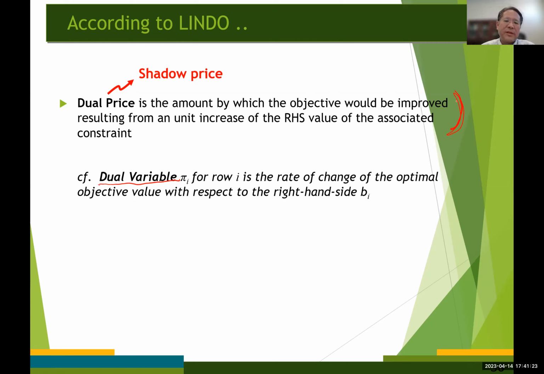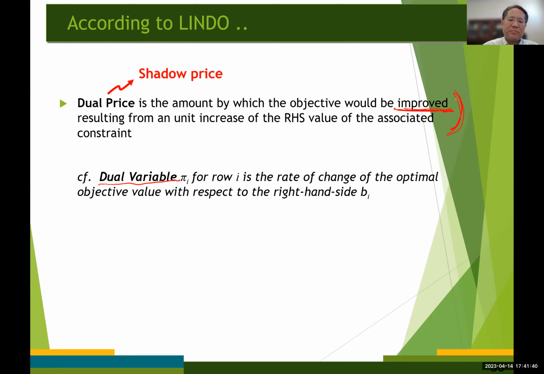Of course, here improved means an increase in a maximization problem, right? But improved means a decrease in the minimization problem.